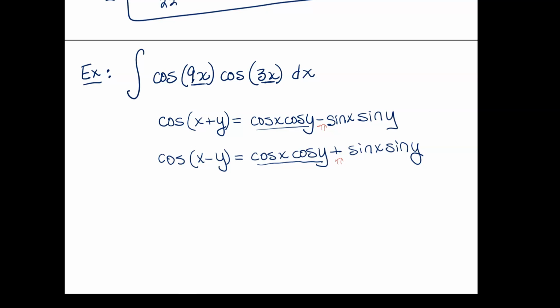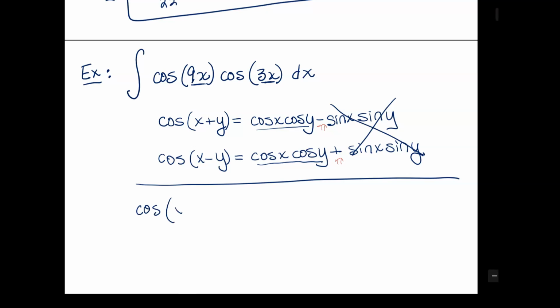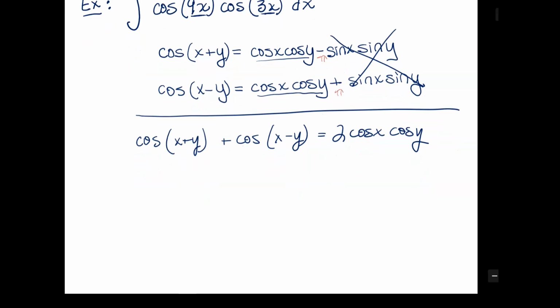On top we have a -1, and on the bottom we have a +1, which tells me I can go ahead and add these together now, and those pieces will cancel because I have -1 of them and +1 of them. So what we get is that cosine of x plus y plus cosine of x minus y is equal to 2 cosine x cosine y. And we want to solve for cosine x cosine y.